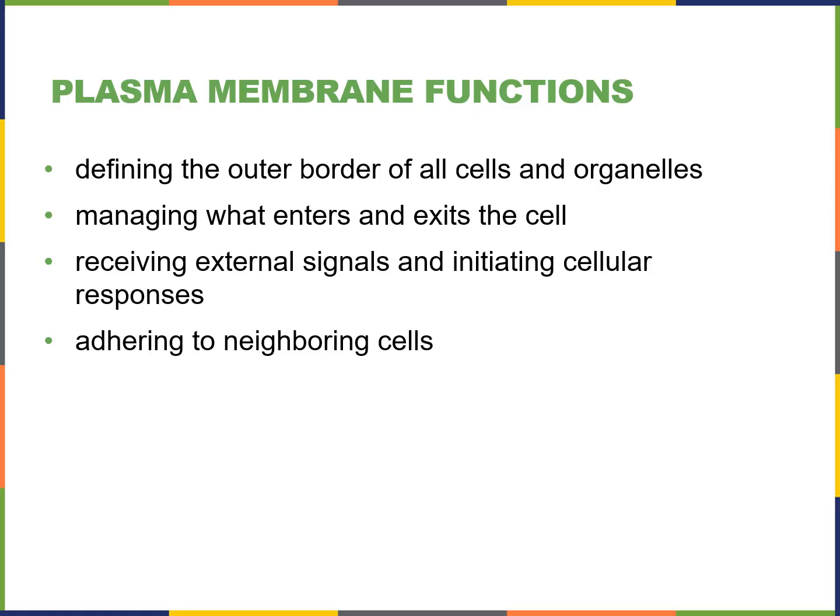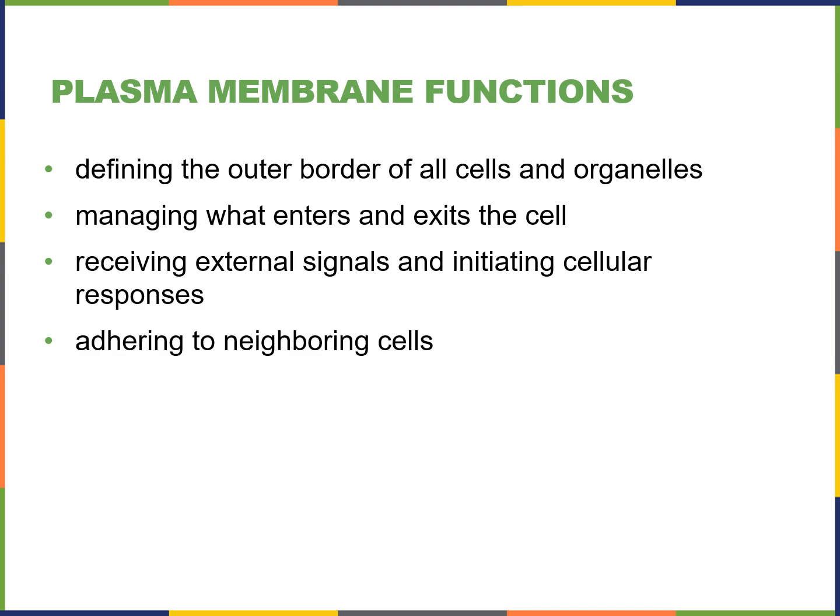The plasma membrane or cell membrane serves several functions. First, it acts as the outer border of both cells and their organelles. As a border, it regulates what enters and exits, ensuring only necessary molecules get in or out.